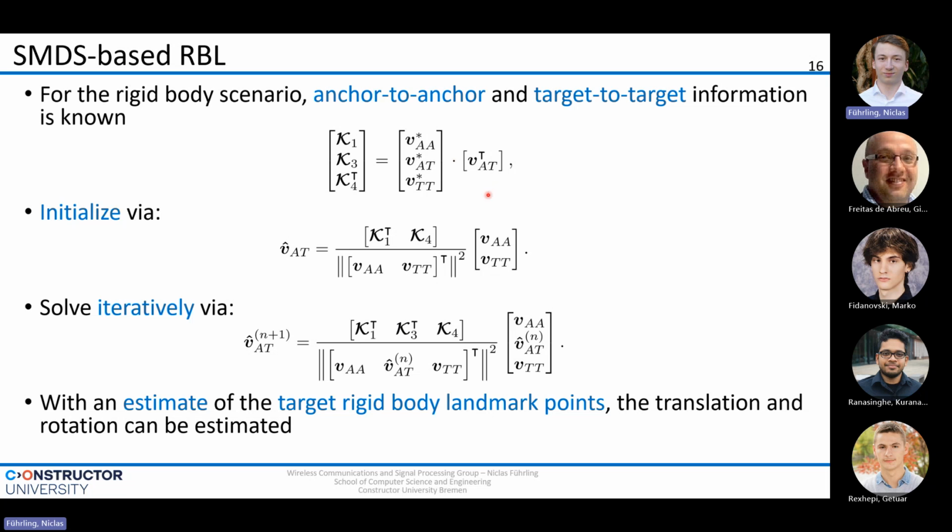So the only unknown here is VAT. And then the solution is pretty much the same. So we can find an initial solution again and solve it iteratively, which will give us the VAT, such that we can again find the kernel and then find the position of the nodes, which in this case leads to an estimate of the target rigid body landmark points.